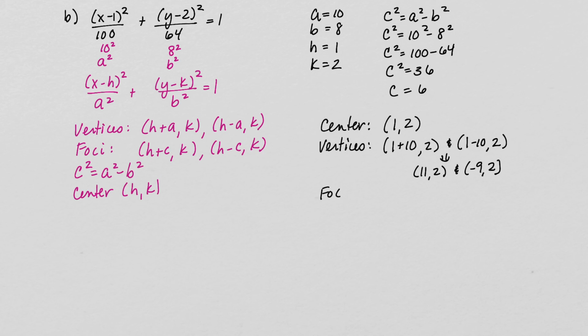Then our foci are going to be at h plus c, so 1 plus 6, comma 2, and 1 minus 6, comma 2. So they're going to be at (7, 2) and (negative 5, 2). It's really just a matter of plugging and chugging into the formulas on that sheet I have posted on Canvas.